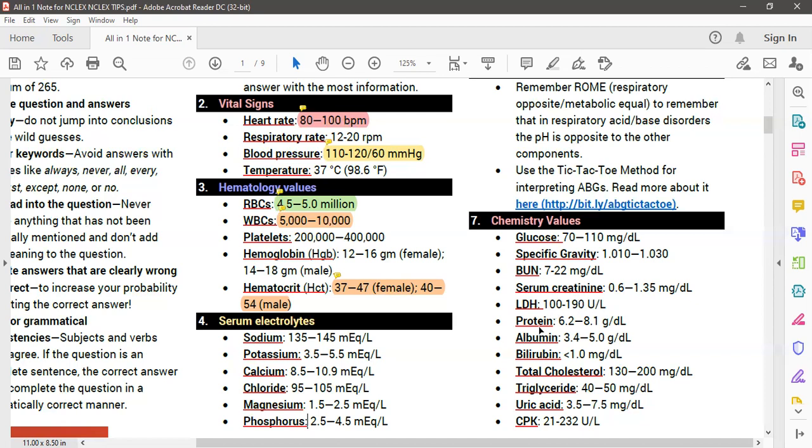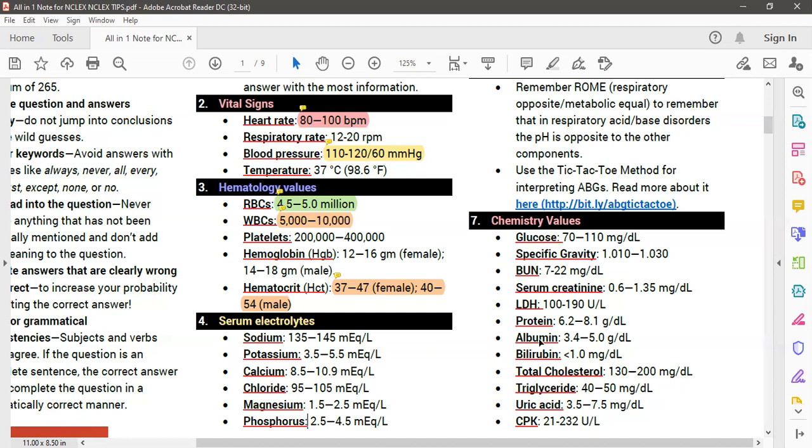Now let me talk about the protein. The normal protein range is 6.2 to 8.1. When you break down the protein, we get amino acid. We have 20 essential amino acids our body needs. When you break down the protein, we get albumin.